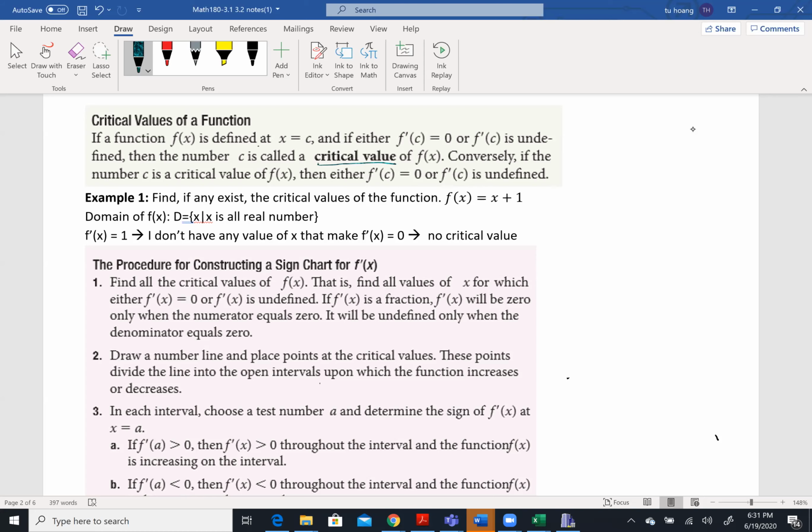So first you need f(x) defined at x equals c, and then either f'(c) equals 0 or f'(c) is undefined.